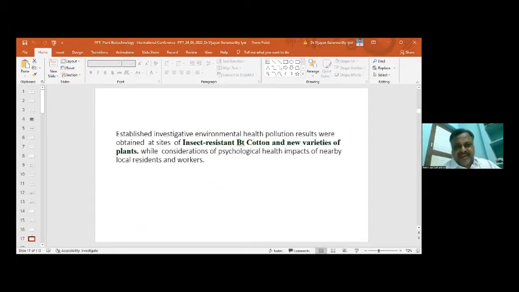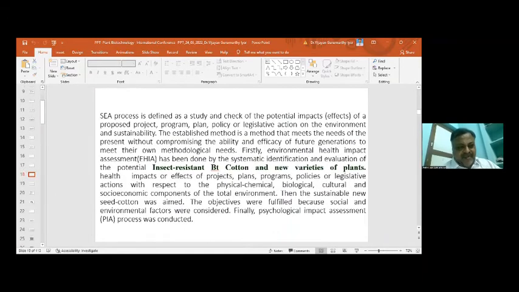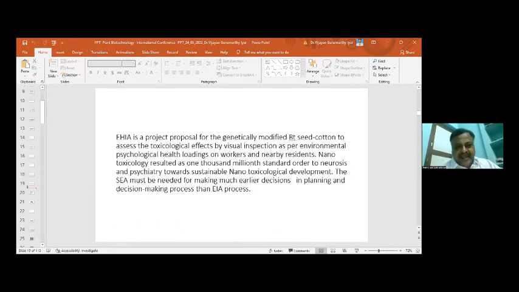So the investigation pertains to the psychological health effects on the people in the vicinity. So the EHAA, the project proposal for the genetically modified Bt seed cotton, is to assess the toxicological effects by visual inspection as per environmental psychological health readings on workers and nearby residents.